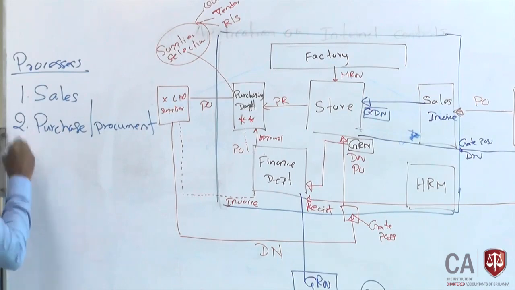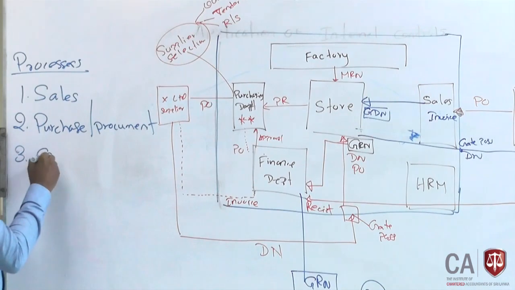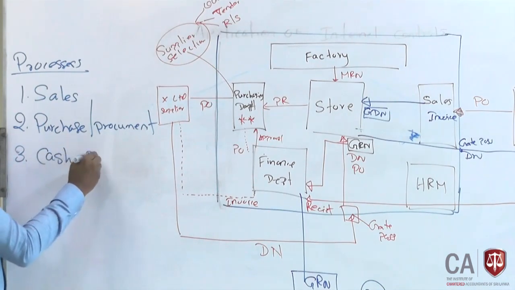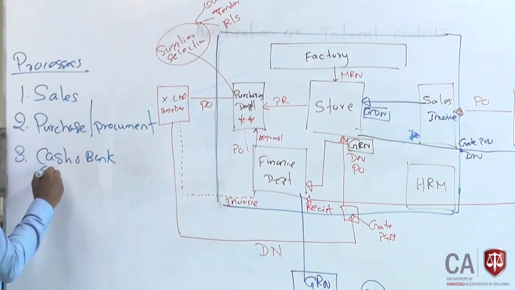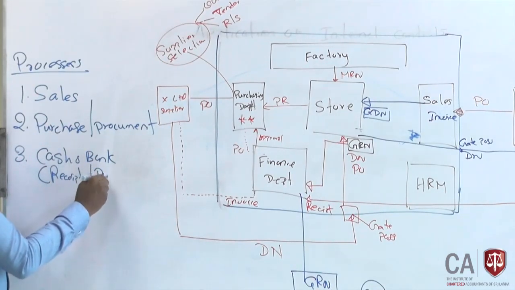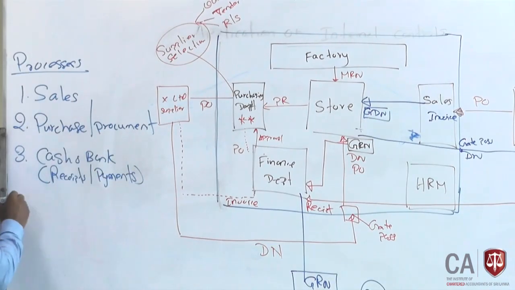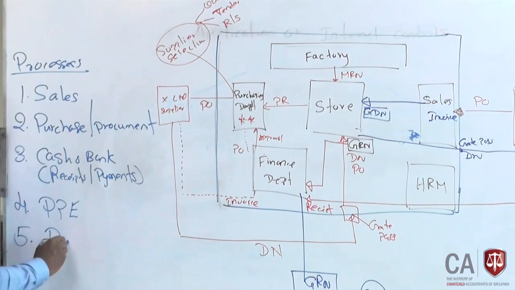And number 3, now again an important one, we will say cash and bank. So this has receipts and payments, right. Then you need to have internal controls with regard to property, plant and equipment, internal controls with regard to payroll, internal controls with regard to inventory, right.